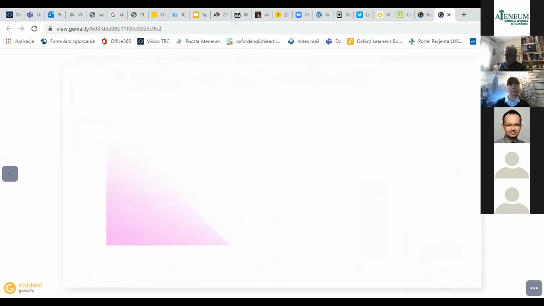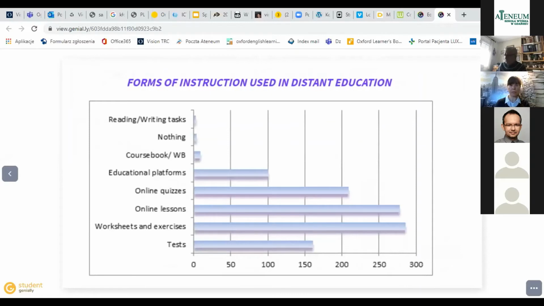When it comes to the forms of instruction used in distant education, we can see that most of the work in spring 2020 was done with the use of worksheets and exercises that students had to do on their own, but also most students took part in online lessons.